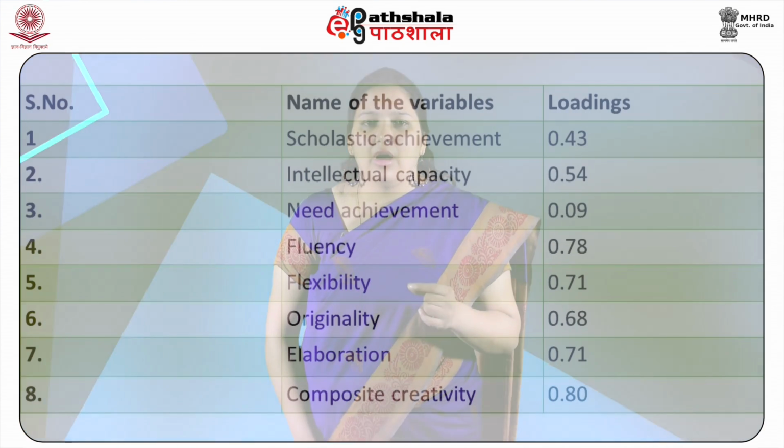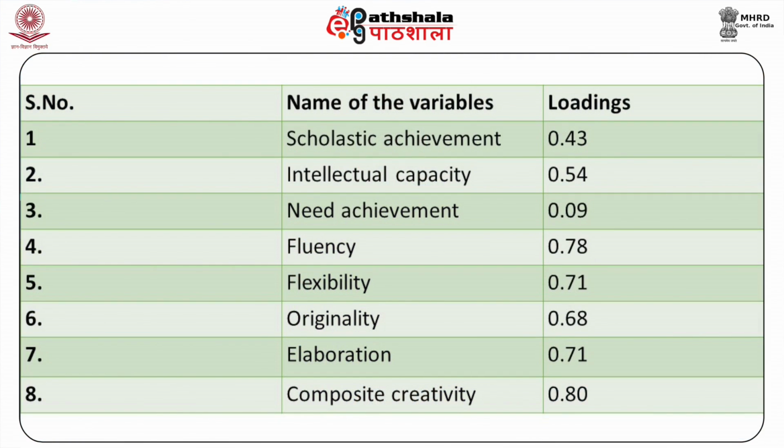The significant loadings on the first factor are 0.43 for scholastic achievement, 0.54 for the intellectual capacity variable, 0.09 for the need achievement variable, 0.78 for the fluency variable, 0.71 for flexibility, 0.68 for originality, 0.71 for elaboration, and 0.80 for the composite creativity variable.